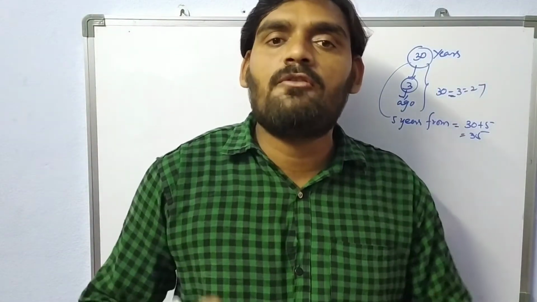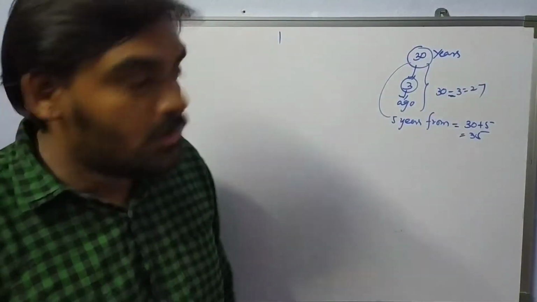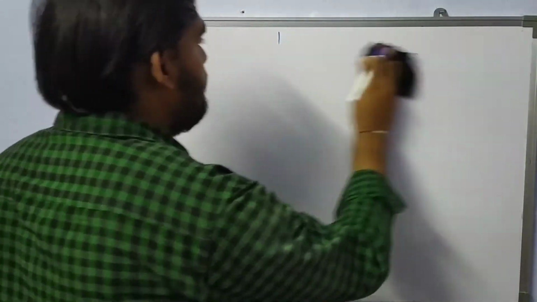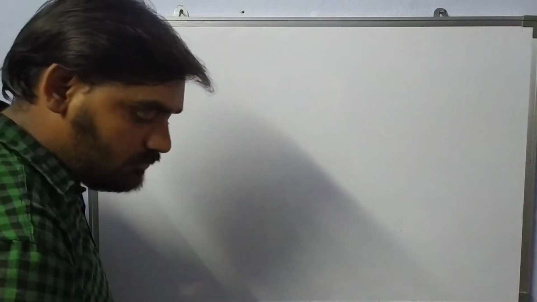But in the problem we need to find the present age of Rahman, so whatever thing we need to find, we need to assume as x.